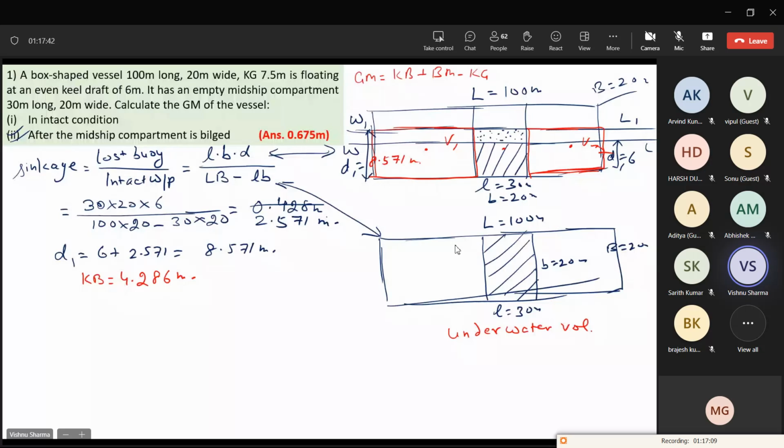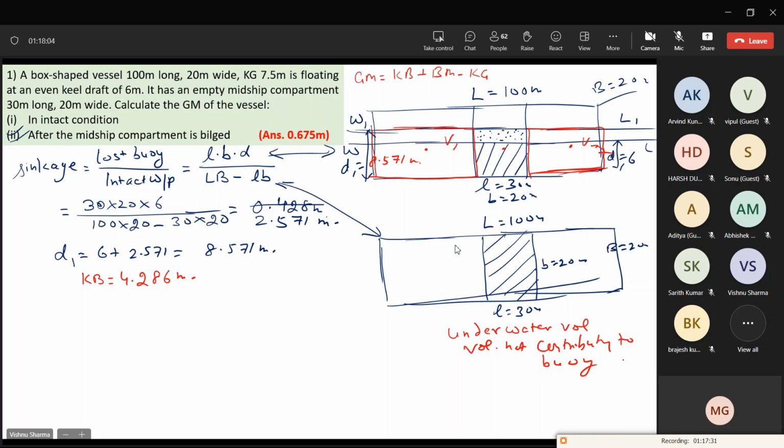Underwater volume need not be volume of buoyancy, because the vessel is bilged. Second, underwater volume includes volume not contributing to buoyancy.